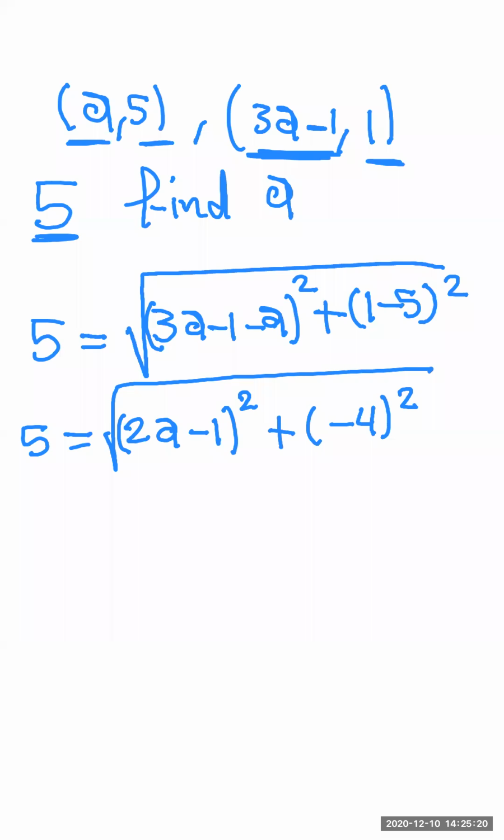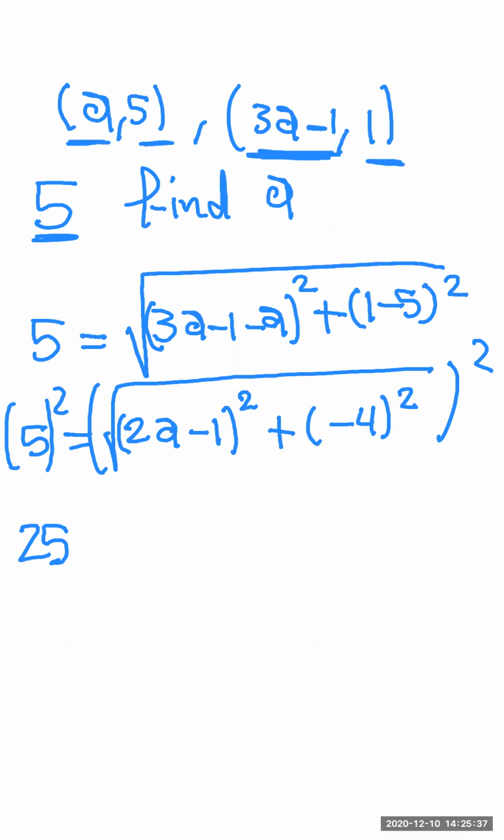Okay. So right now, guys, I'm going to square the two sides. I mean this term squared and this term squared. So the first term, 5 squared, means 25.